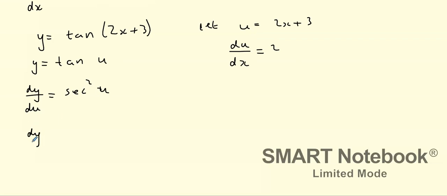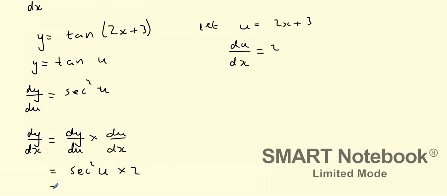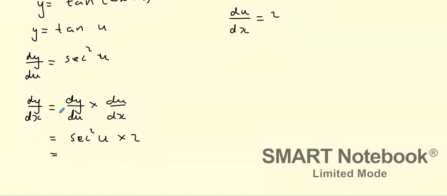And so dy by dx using the chain rule is going to become dy by du times by du by dx. And so we get sec squared u times by 2, which is better written as 2 sec squared 2x plus 3. Okay, is everyone happy with that? Any questions there?